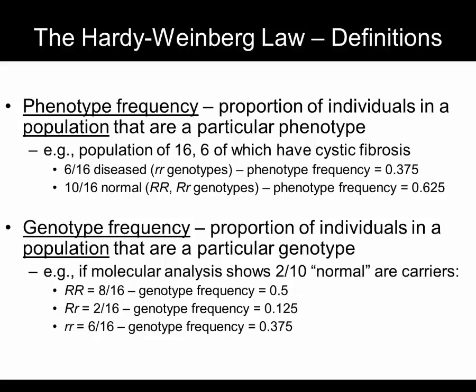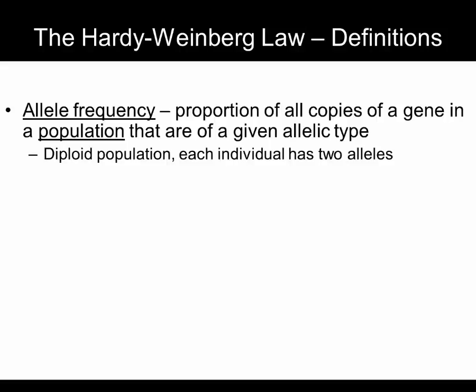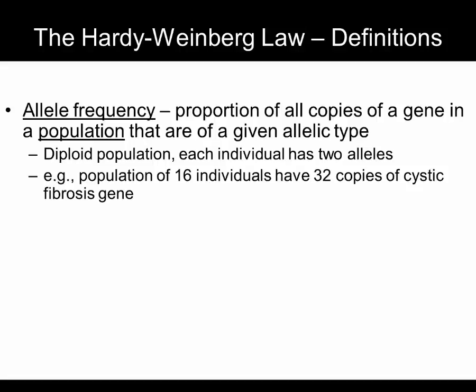Then there's allele frequency, the proportion of gene copies in a population that are of a given allele type. We'll mostly be dealing with diploid populations like ourselves, so that's 2 alleles per individual. The number of copies of a gene within a population will be twice the population number. So for our population of 16 individuals, we have 32 copies of the cystic fibrosis gene. We found there are 8 homozygous dominant individuals.